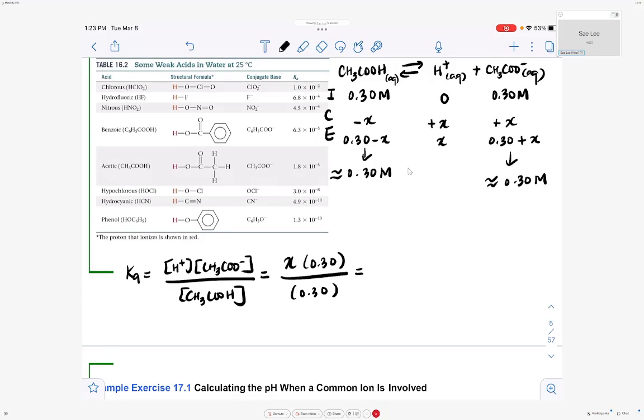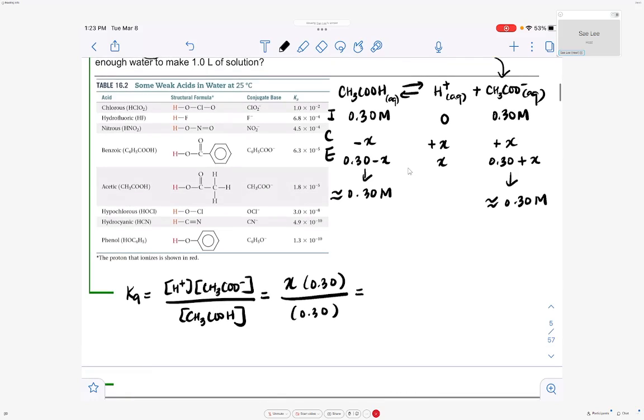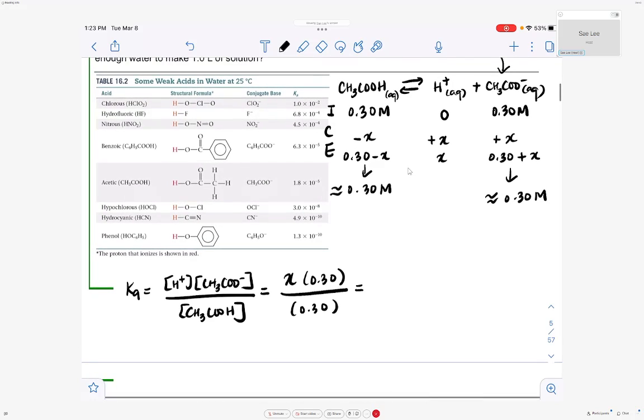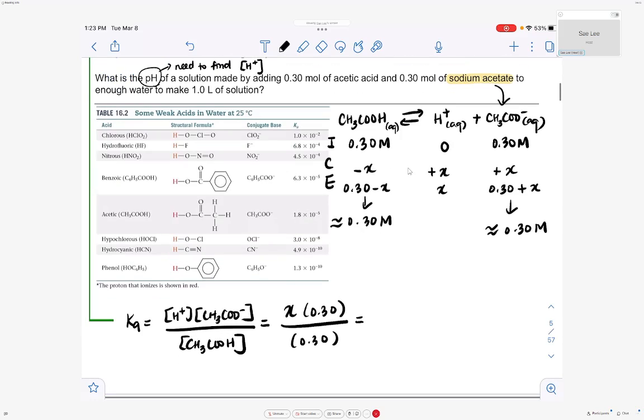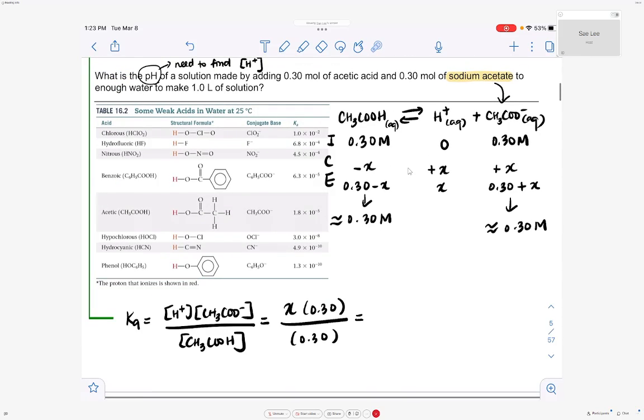And what is the Ka value? According to table 16.2 from chapter 16, we know that the Ka, the acid dissociation constant of acetic acid, is going to be this value.